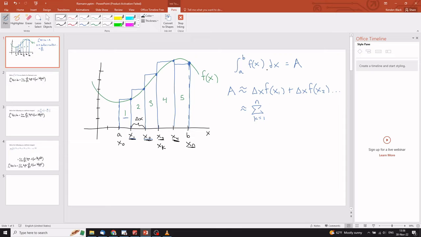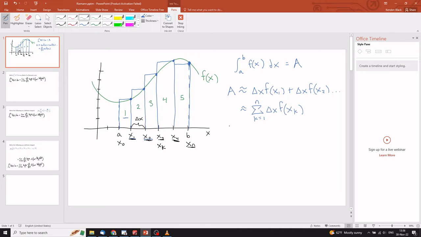Okay, the delta x will be the same for all of these. And we can just say f of x sub k. Okay, so that gives us our approximate area based on a Riemann sum with n rectangles.